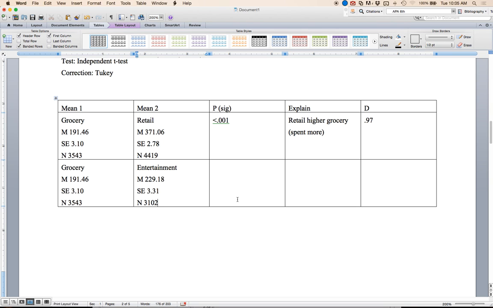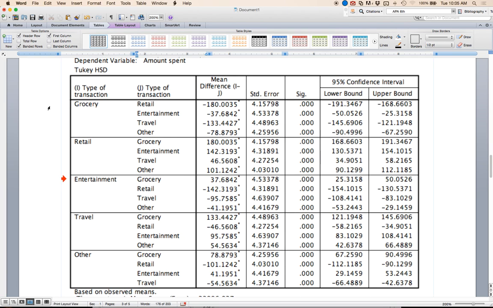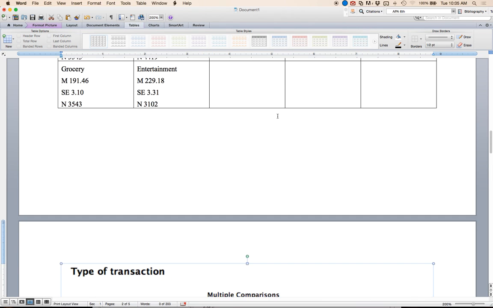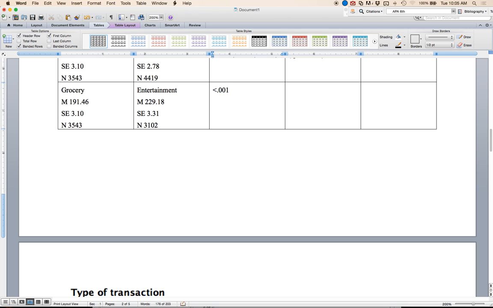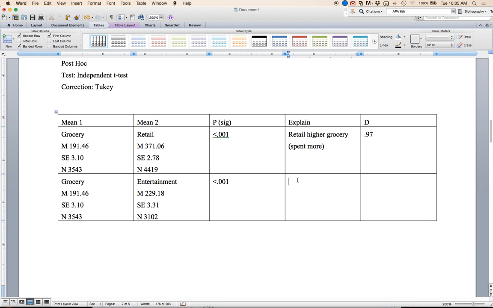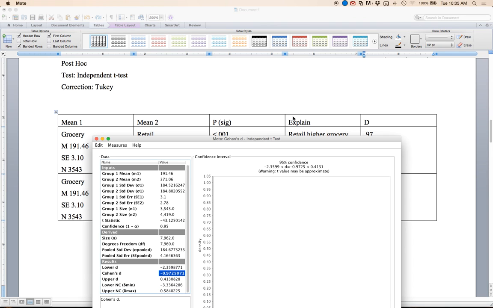Okay. So I'm going to look at SIG down here. So grocery to entertainment is 0.000, so less than .001. Okay. And I would say my entertainment is higher than grocery, because the mean for entertainment is just bigger. And let's calculate D real quick.